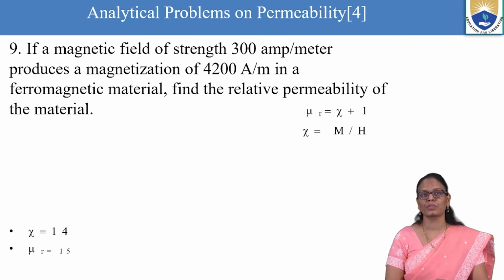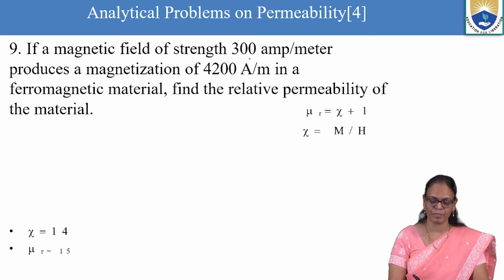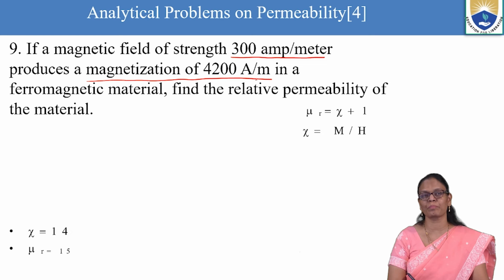Now coming to the ninth one. If a magnetic field of strength 300 ampere per meter produces a magnetization of 4200 ampere per meter in a ferromagnetic material, find the relative permeability of the material.